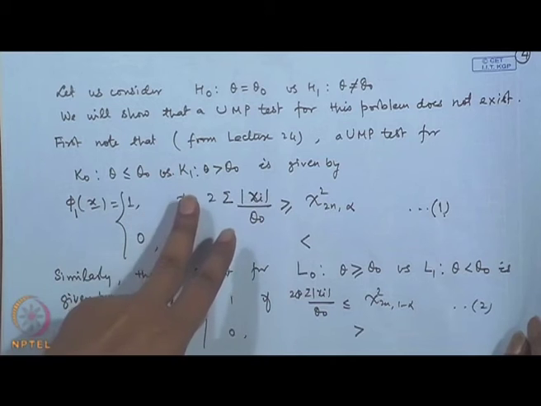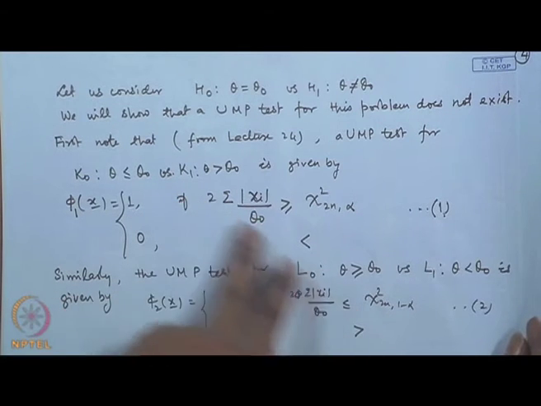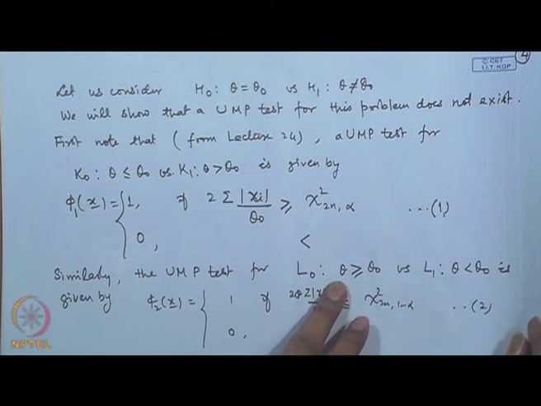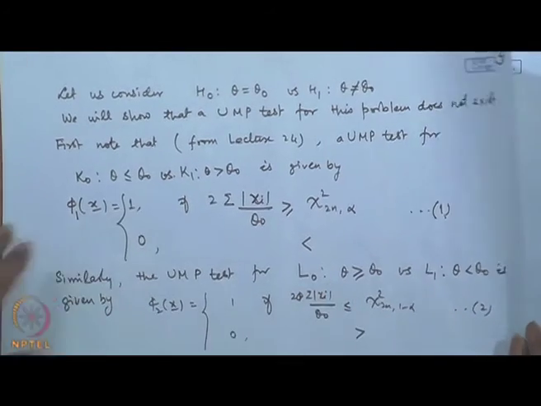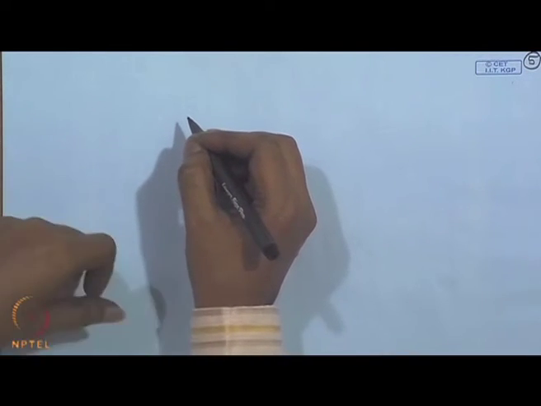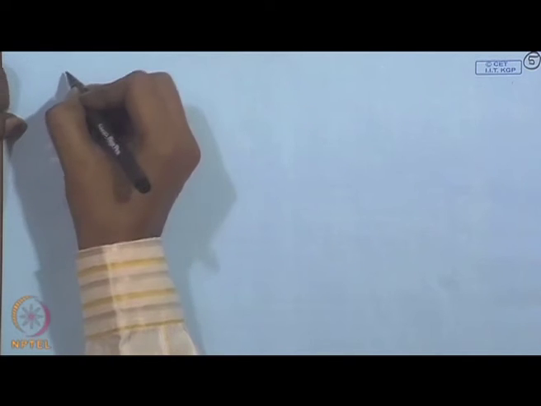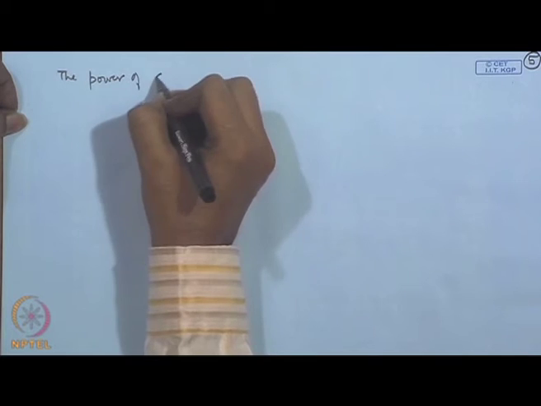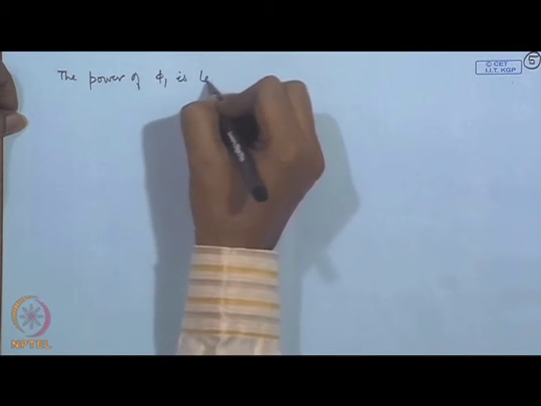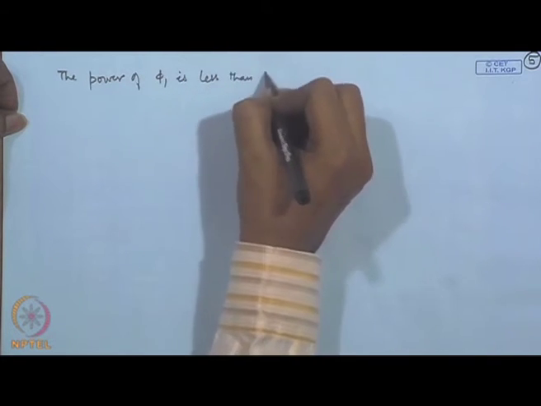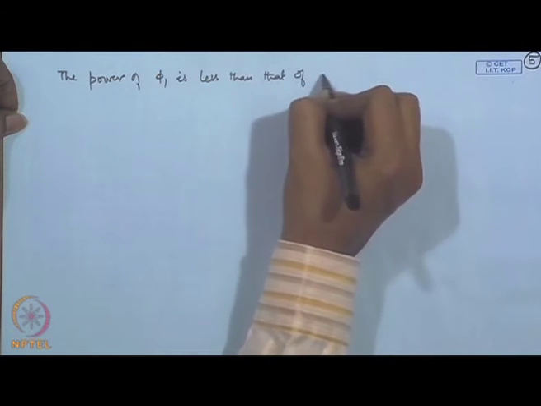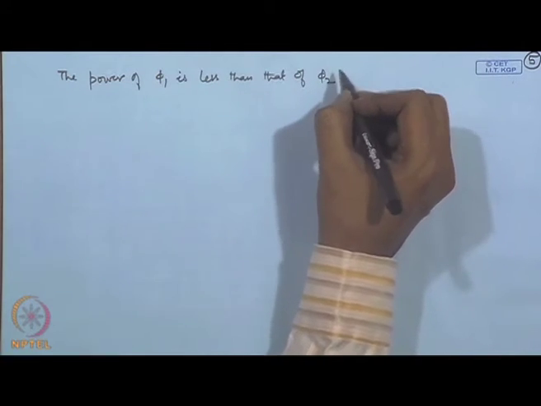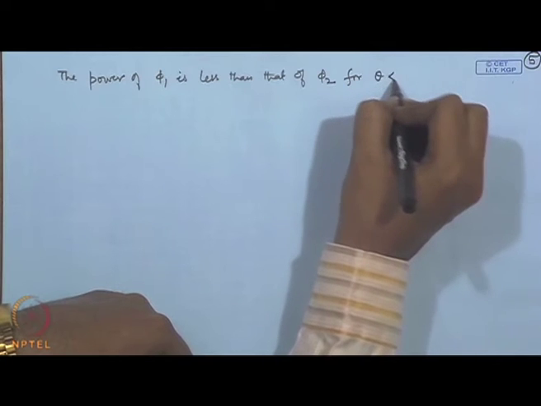So, naturally this value will be larger than this value for theta greater than or equal to theta naught. So, let me write this comment here. The power of phi 1 is less than that of phi 2 for theta less than theta naught.